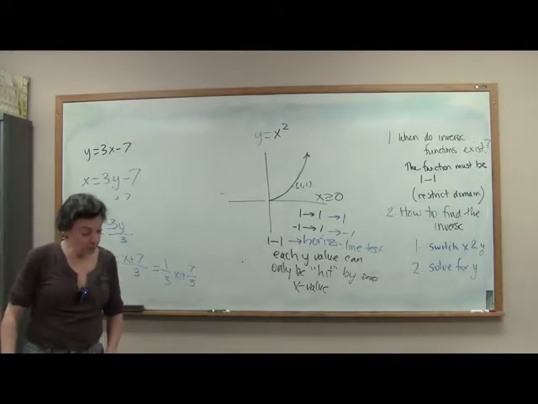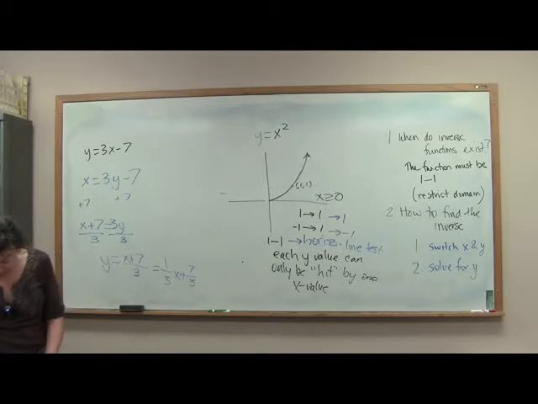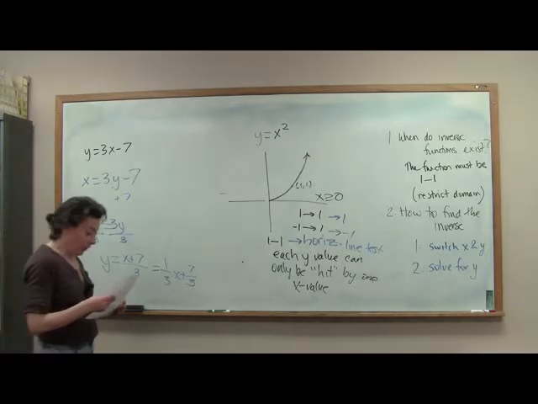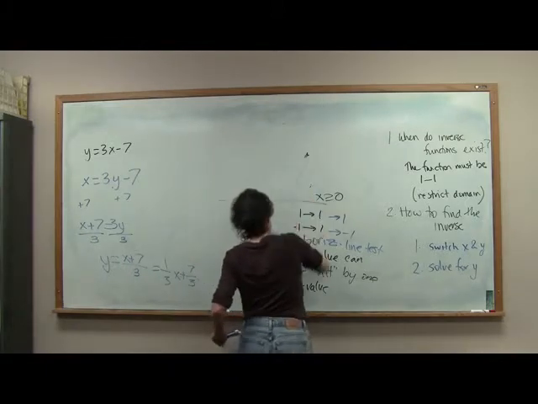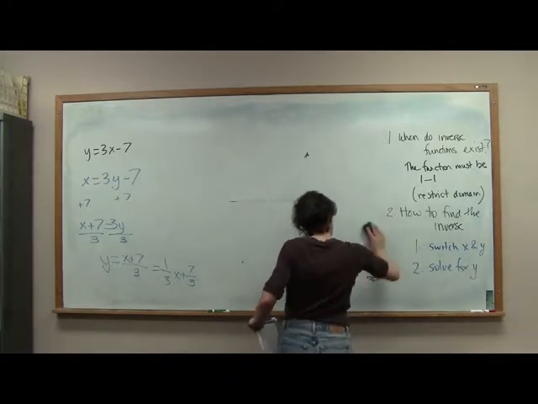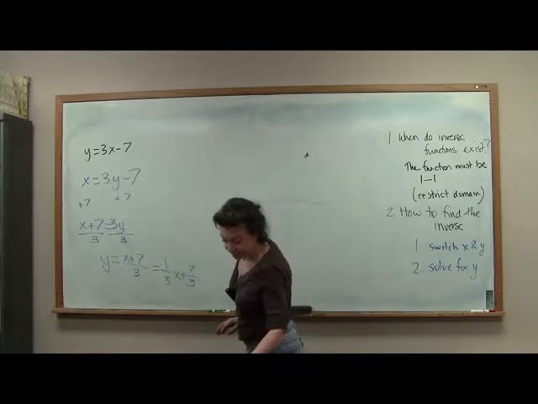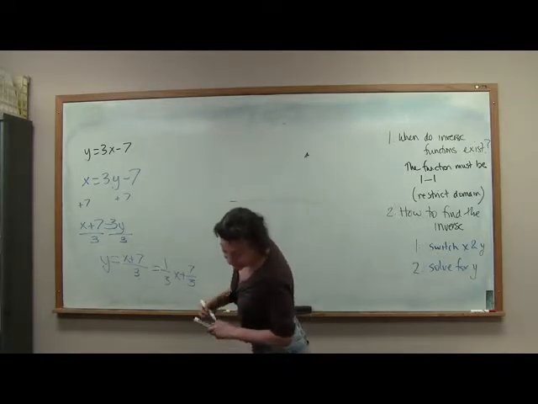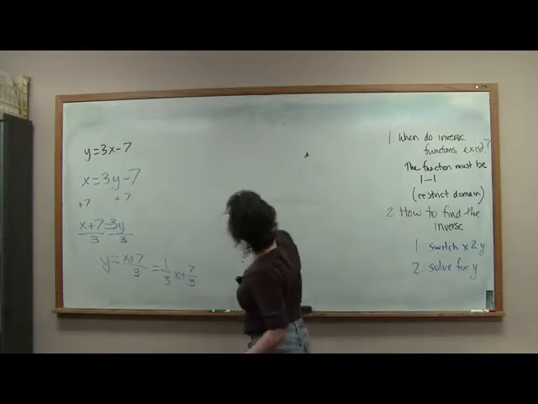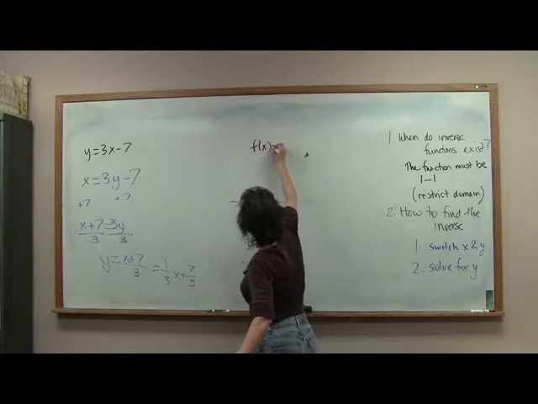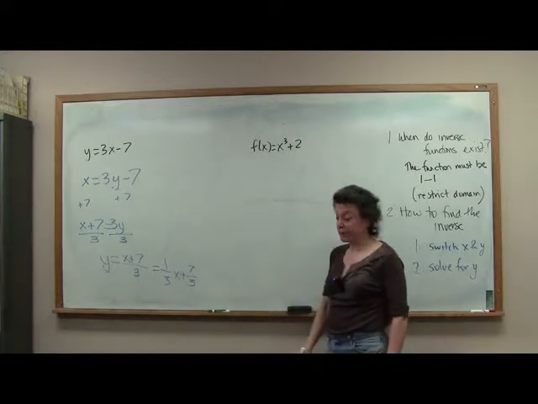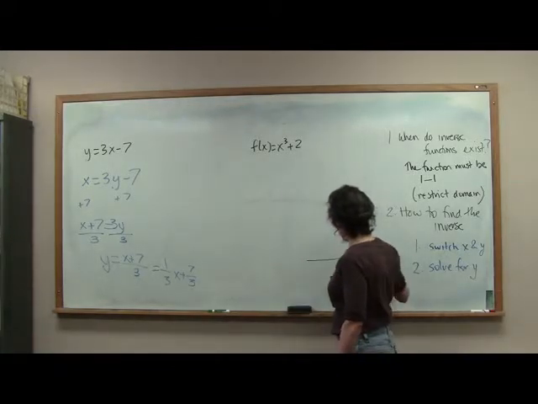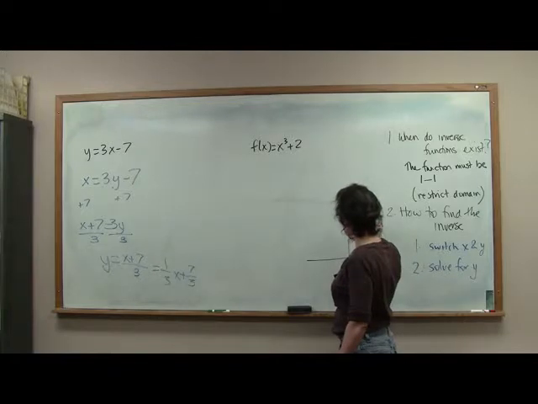Now, what's another example we can look at? All right, let's take this one. What if f of x is x cubed plus 2? I claim it's a one-to-one function. I know my basic graph of y equals x cubed.